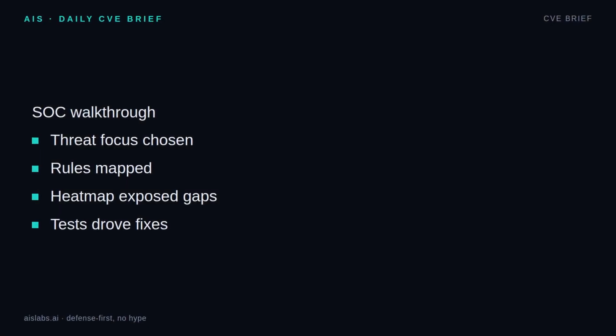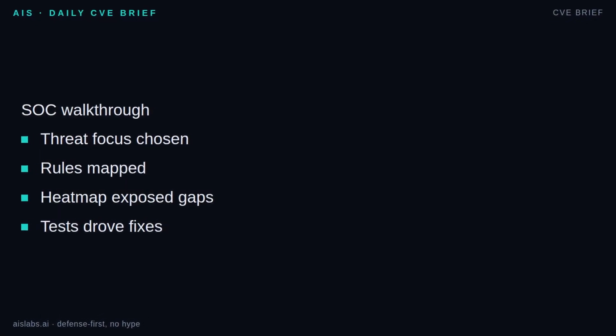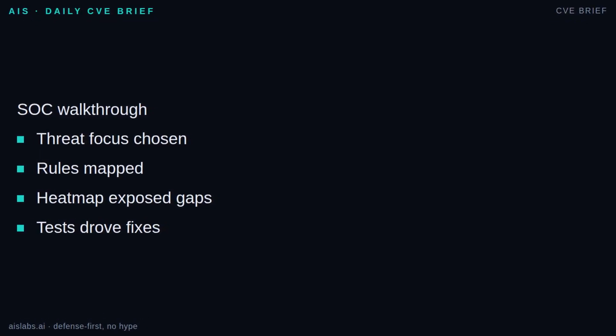A mid-size company reviews recent sector intelligence and sees repeated reports of identity misuse, remote access abuse, and internal discovery after login. The SOC exports its SIEM rules and starts mapping them to ATT&CK. They find strong coverage for malware alerts and endpoint quarantine events. The heat map looks thin for valid account behavior, unusual remote access patterns, and discovery activity from standard user workstations.